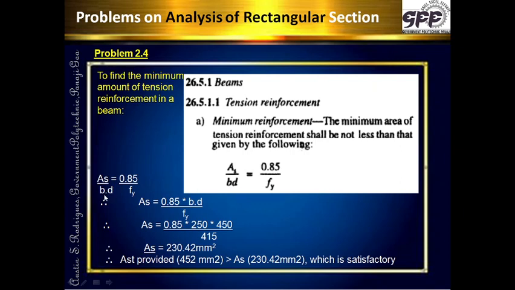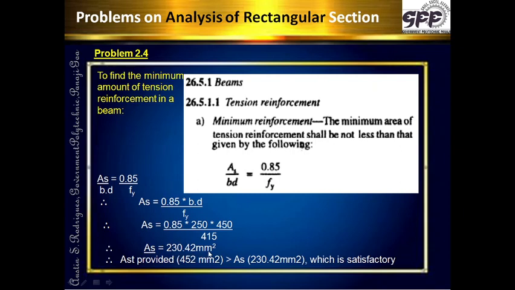As, the minimum steel we need to find out, is equal to 0.85 into bd upon Fy, as the term gets cross multiplied. So As is equal to 0.85, b is known to be 250, d has been given to us as 450, Fy is known as 415. Solving this, we get the value of As as 230.42 mm square.